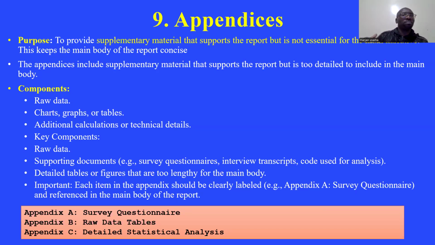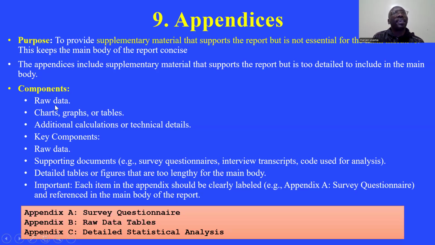Any table, any chart, any graph, putting it at the back is supplementary. So the appendices include supplementary material that supports the report, but is too detailed to include in the main body. Sometimes there is information that is too detailed, you cannot put it inside the research or the report. So it's advisable to put it at the end. So we have raw data.